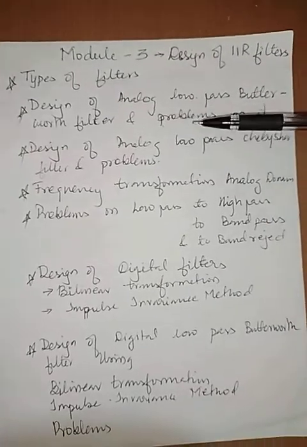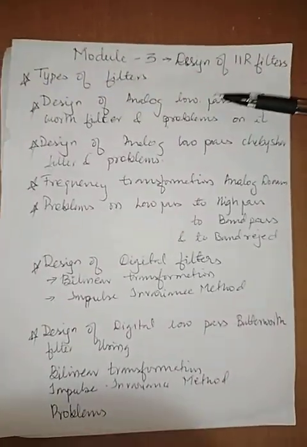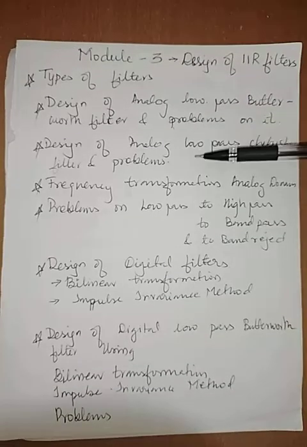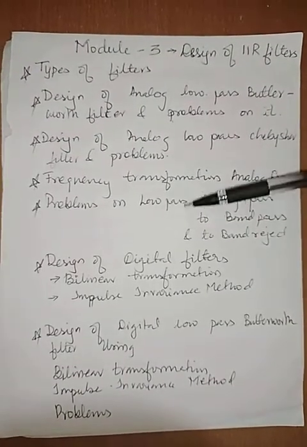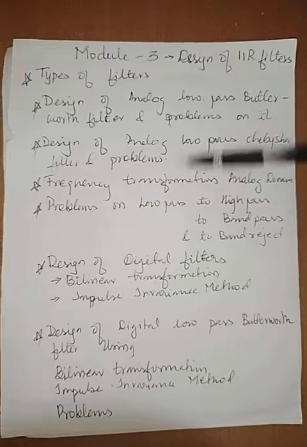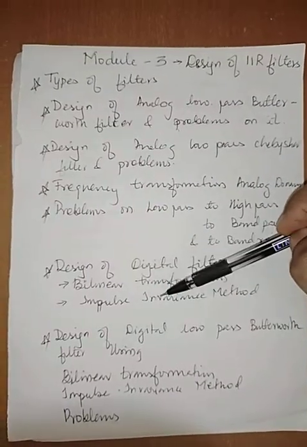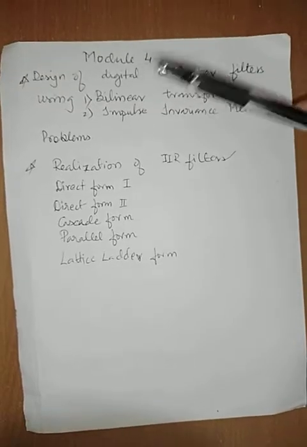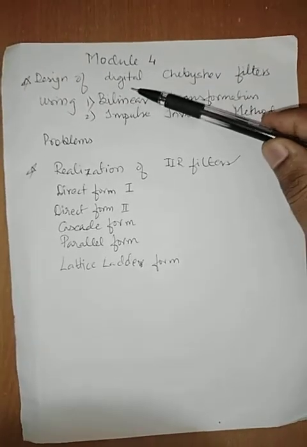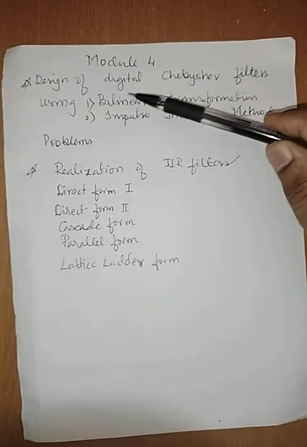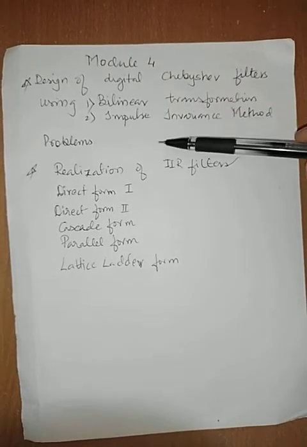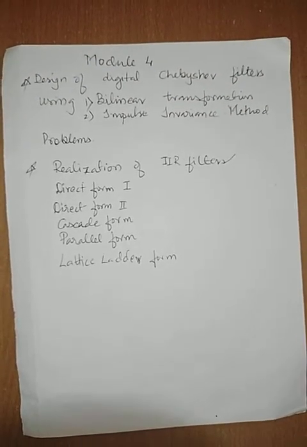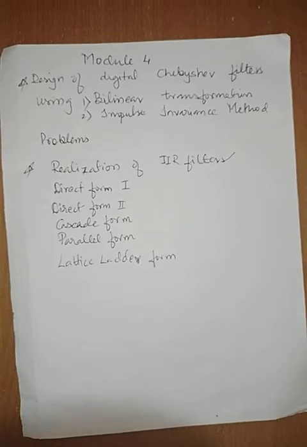So Module 3 covers the design of analog Butterworth filter and Chebyshev filter, and design of digital filter only for Butterworth filter using these two techniques. Whereas in Module 4, it is only design of digital Chebyshev filter using bilinear transformation and impulse invariance method. Let's go with the problem.